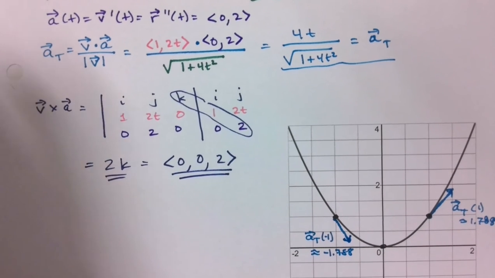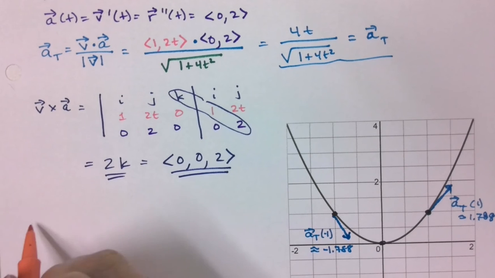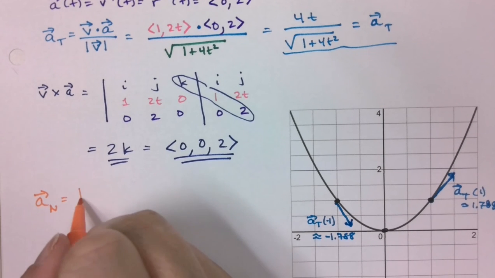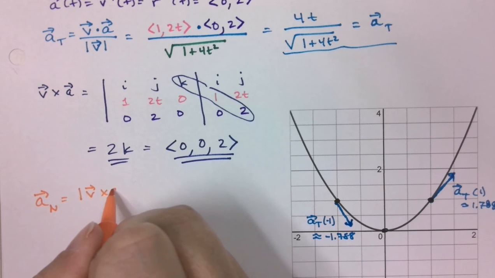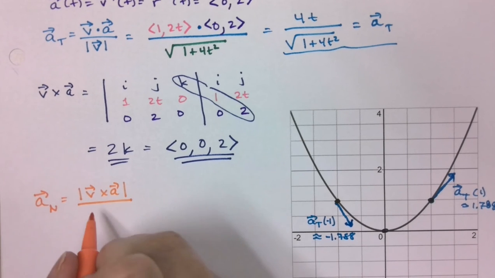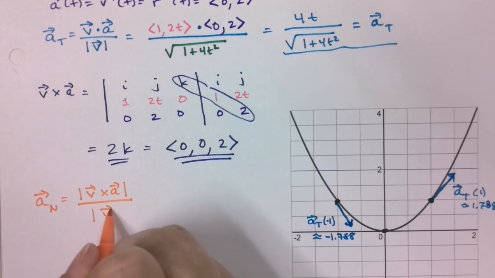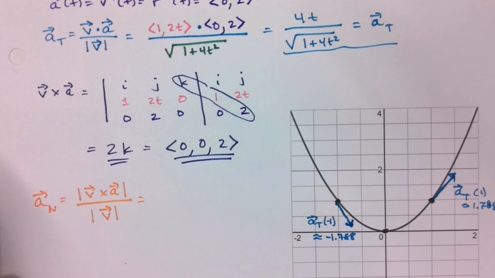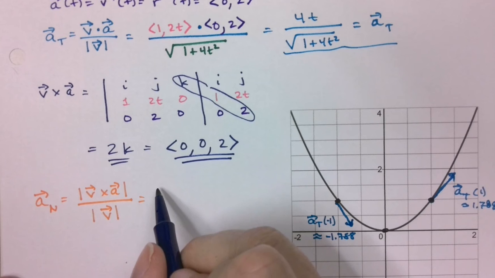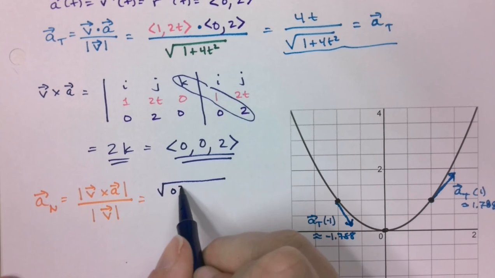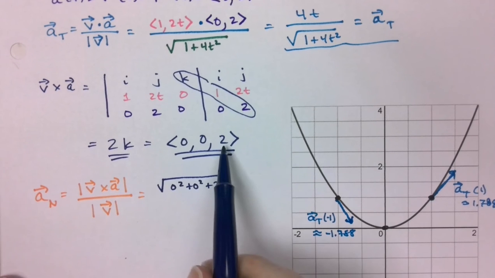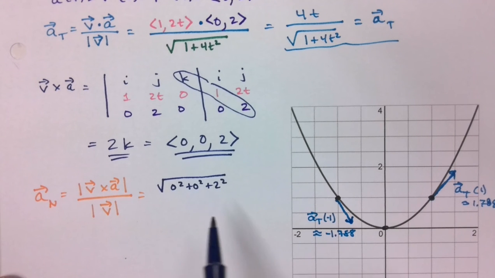Okay, so then the normal component of acceleration would be the magnitude of the cross product of v with a, divided by the speed. Okay, well, the magnitude of the cross product is the magnitude of 0, 0, 2. So that's 0 squared plus 0 squared plus 2 squared, which is really not worth the ink I just used, because we all know that's going to be the square root of 2 squared, which is 2.